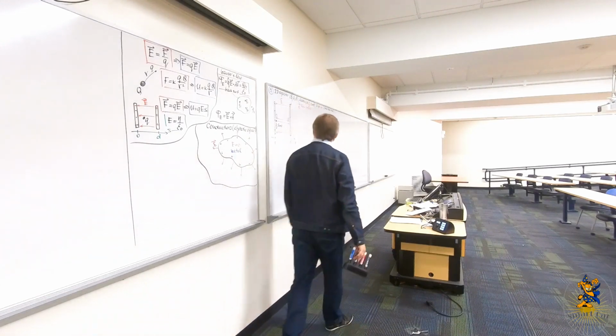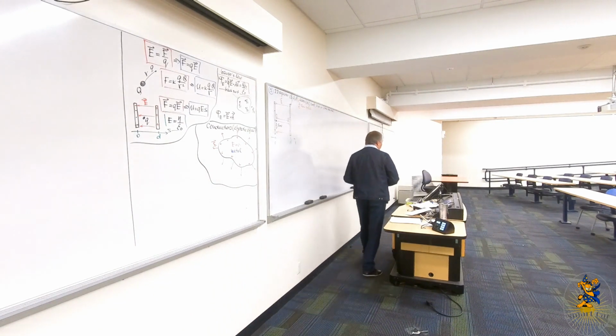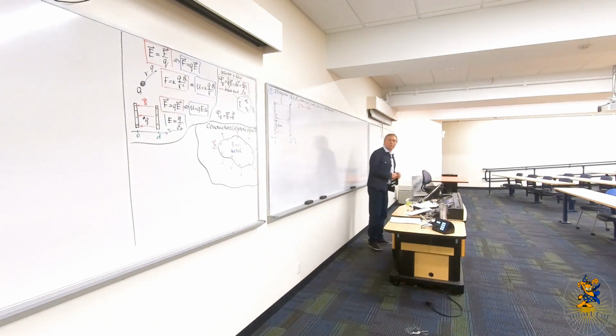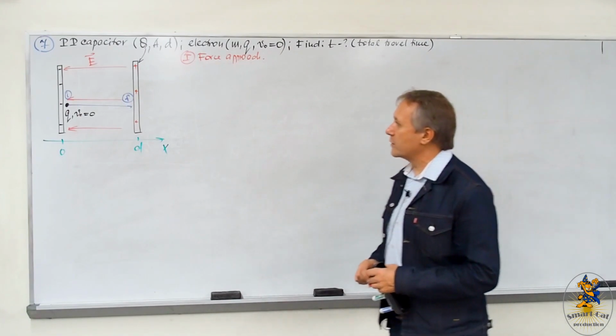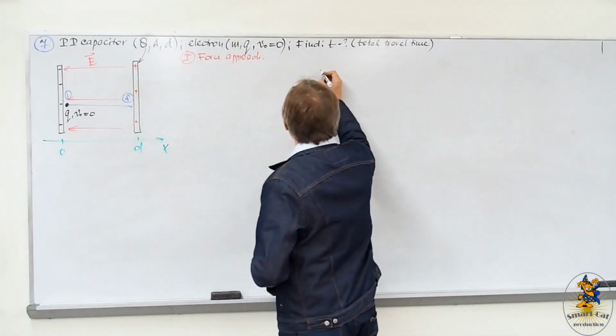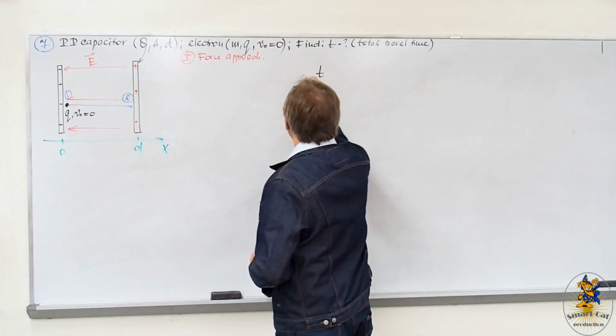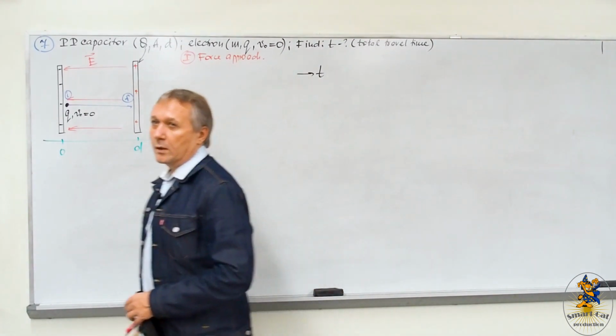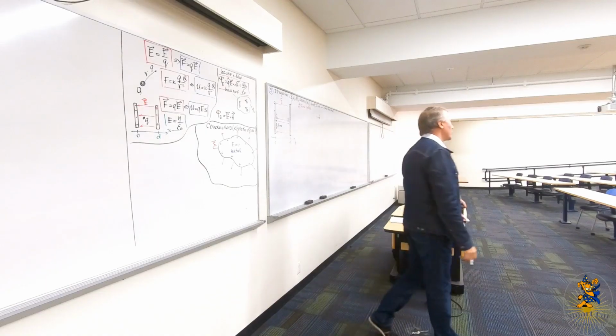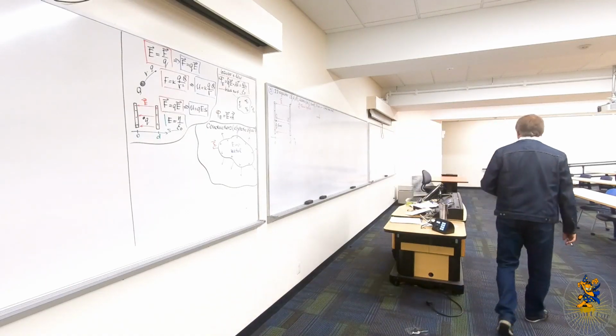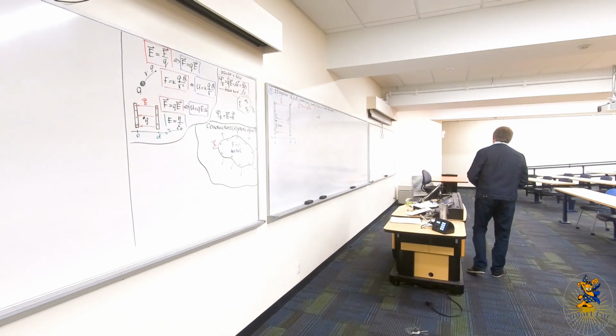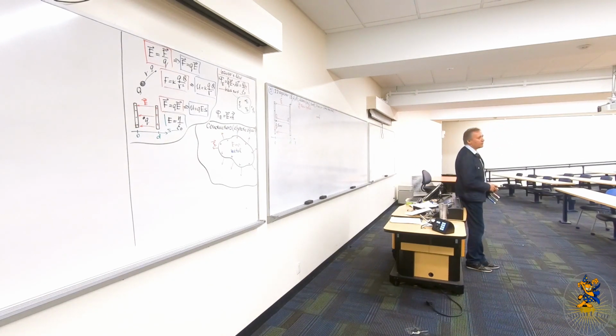And so now let's just outline or create a skeleton of the solution. We need to answer the question about the travel time. So what do we usually use in order to find these kinematic quantities, velocities, positions, travel time, acceleration?